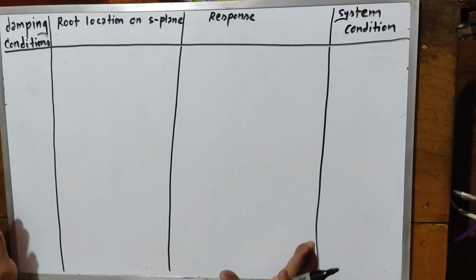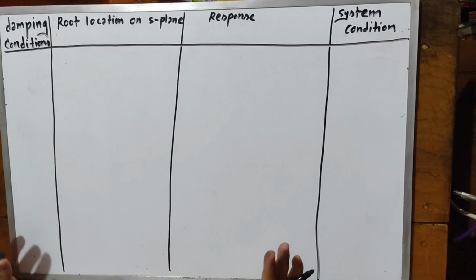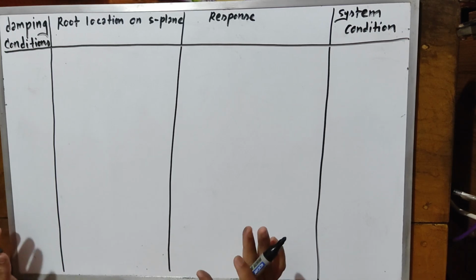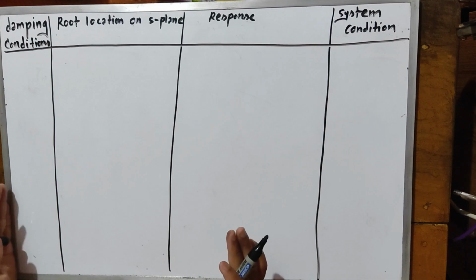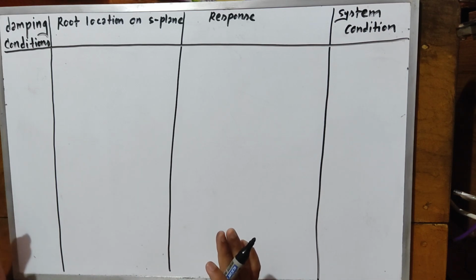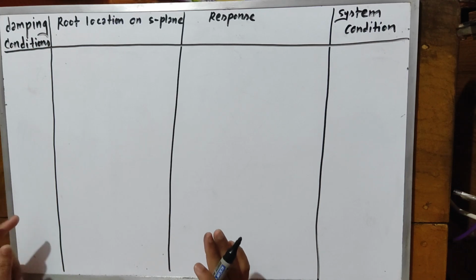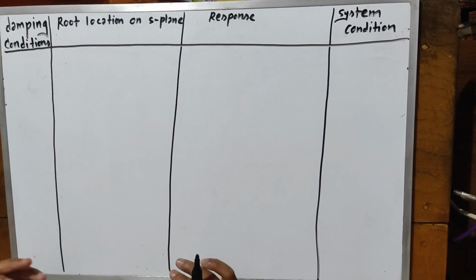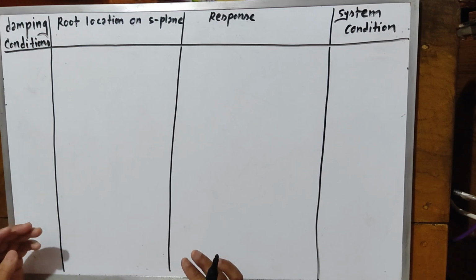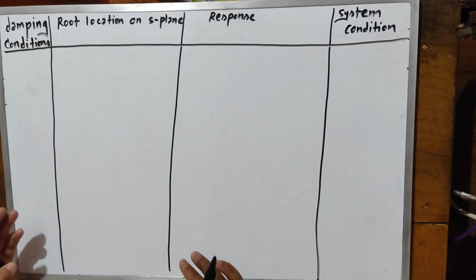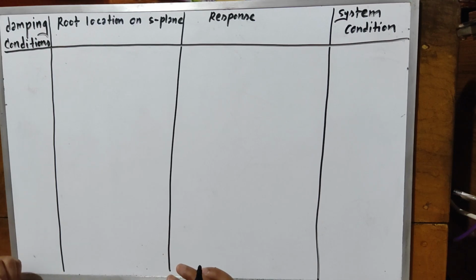So here you can see that I have made a comparison table. The leftmost column is for the damping conditions, where I'm going to set the values of the damping ratio and the relation between the Napier frequency and the undamped natural frequency.